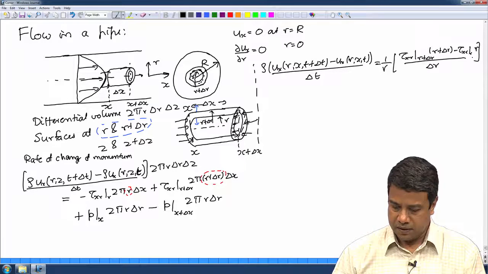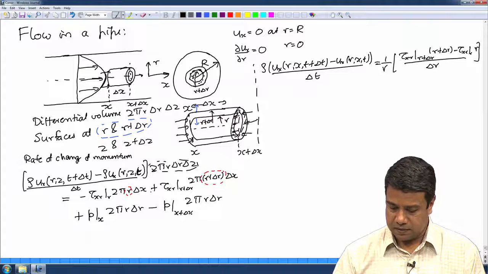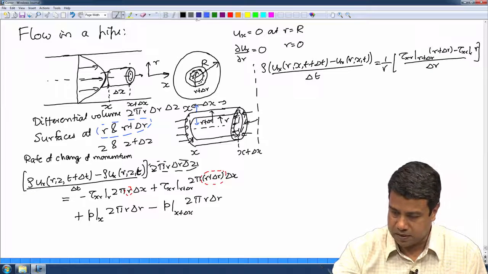Whenever I divide by 2 pi r delta z, the delta z terms will cancel out. I am sorry, it is delta x here.